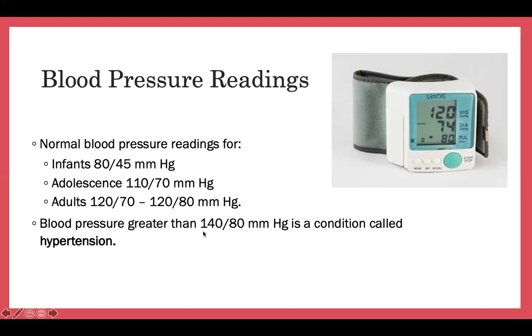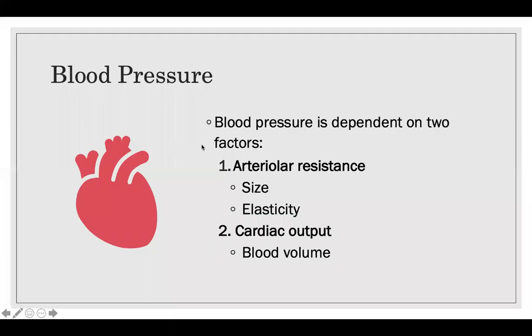Once you get diagnosed with this higher reading, you might have to change your medication and consider some lifestyle changes. So your blood pressure is dependent on two factors: your arterial resistance, which is the size and elasticity of your arteries, as well as your cardiac output, so your blood volume.